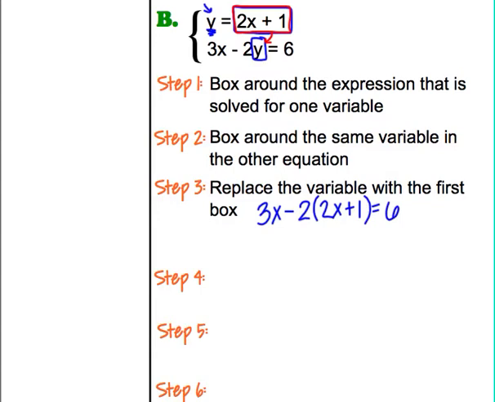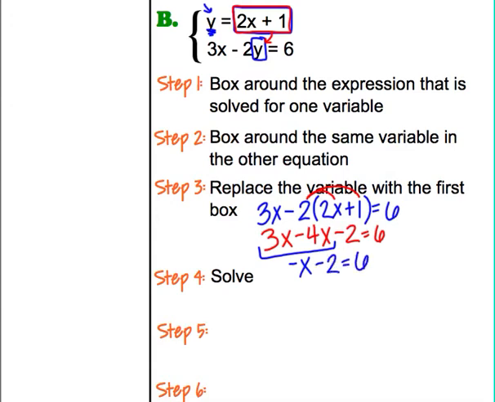So then we can go ahead and distribute the 2, which will give us 3x minus 4x minus 2 equals 6. So we've started step 4, which is to solve it. I see that 3x minus 4x is negative 1x, or negative x, minus 2 is equal to 6.